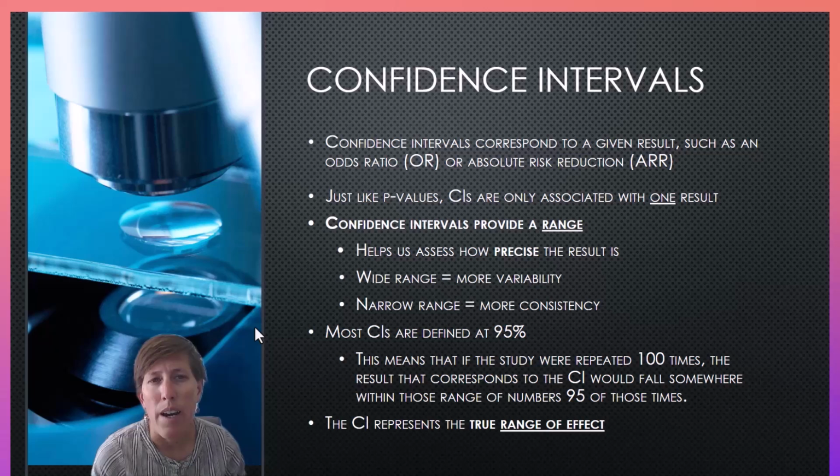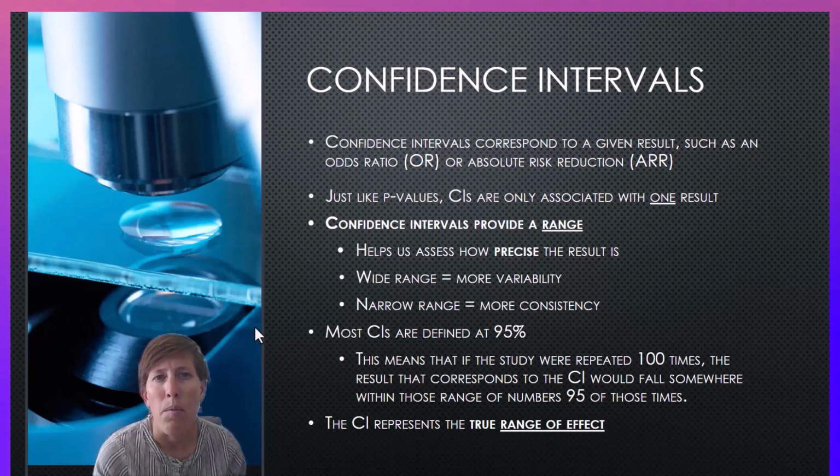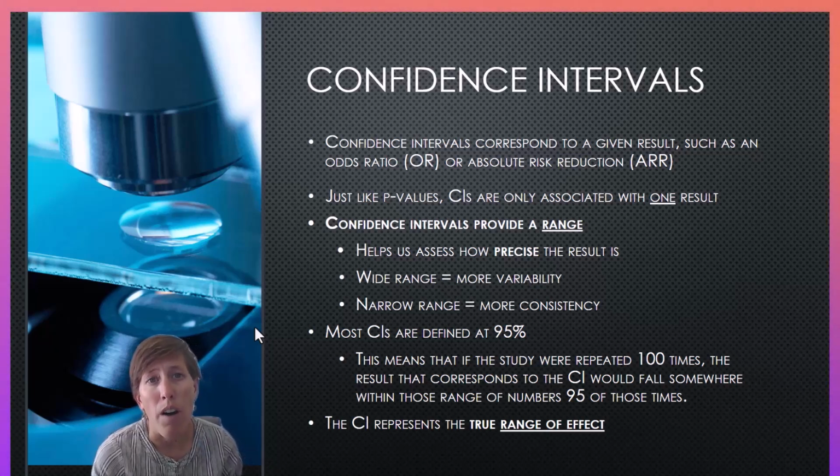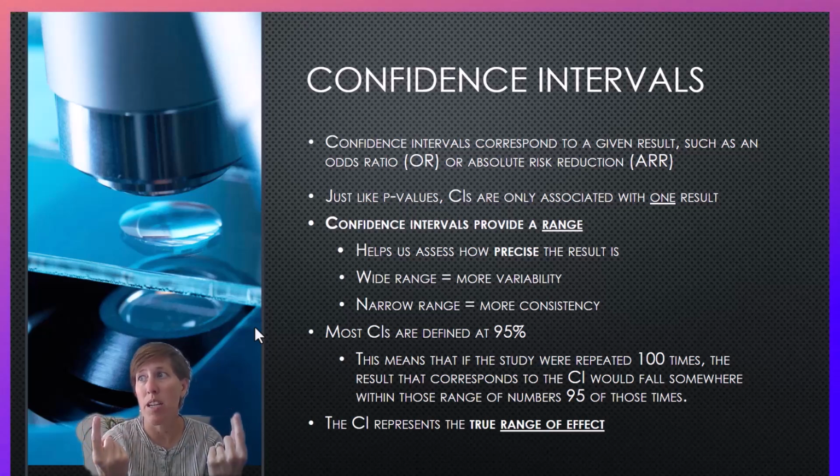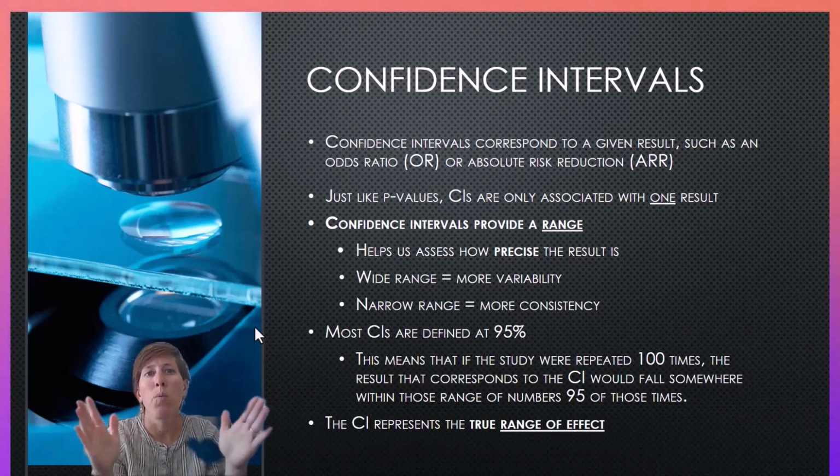You saw in that video looking at different confidence intervals, 90, 95, and 99%. That 99% had a very wide range. To be 99% confident, we have to extend that range.